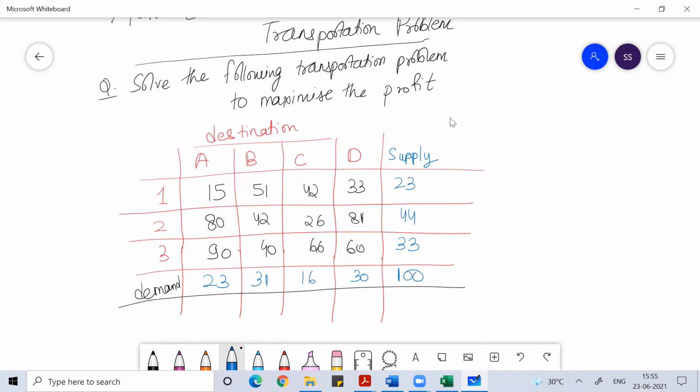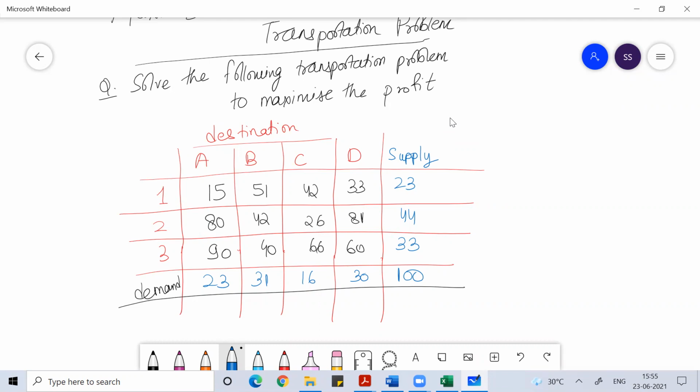Because the elements of the matrix given here, A11, A12, A13, A21, all the variables in this matrix, signify profit value. If they signify profit, automatically our objective tends to be maximization. But whenever we work on a transportation problem, we cannot work on maximization.